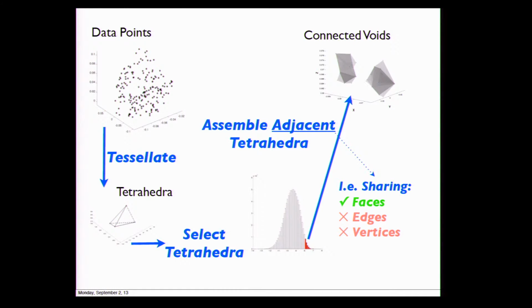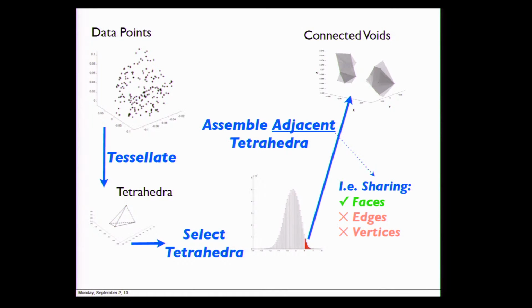So basically, you have to decide what sample to use, in this case, at the high end of the distribution of void sizes. And then you simply collect together adjacent tetrahedra according to some criteria for adjacency, and there are 3 possible ones in a 3-dimensional array. The one that turns out to be the best one to use is that the tetrahedra are considered adjacent if they share a face.